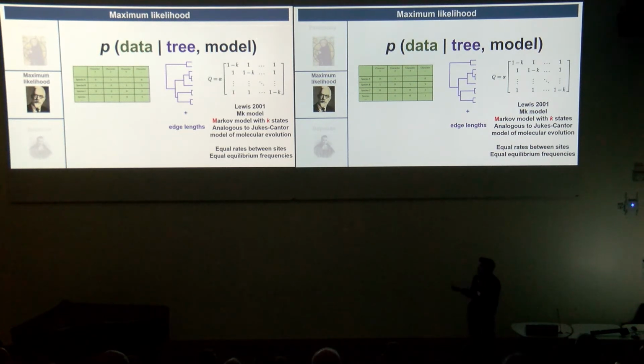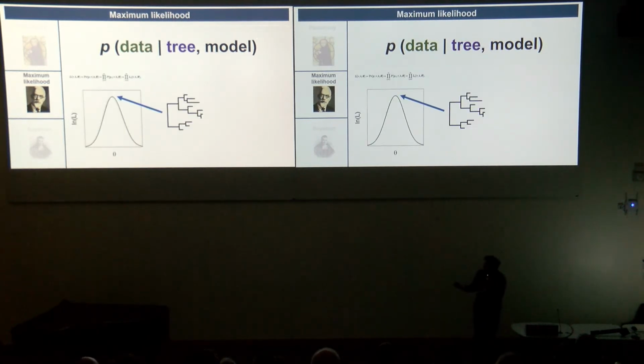The only one really available at the moment is the MK model, which was introduced by Lewis in 2001. This is a very simplistic model in which every character, every site, can change between different character states with equal probability at instantaneous points throughout time. So we're assuming equal rates between sites and equal proportions of characters within matrices.